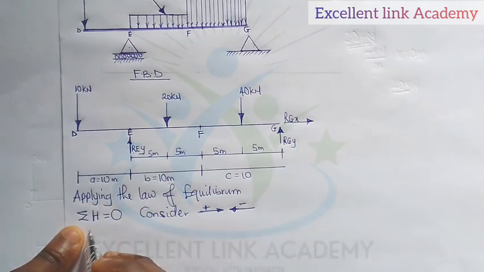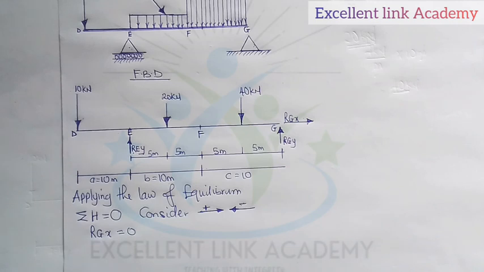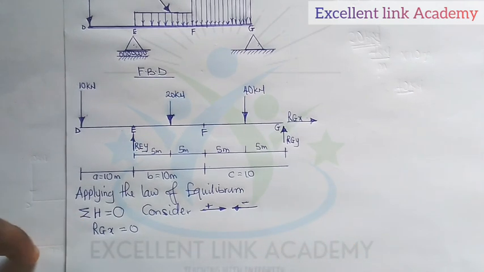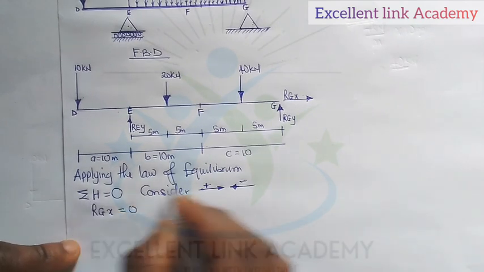So I'll be having RGX as my horizontal, and this is equal to 0. That is all. In some cases, we don't even solve for summation H because we usually know that it always falls at 0. This is the first law of equilibrium.